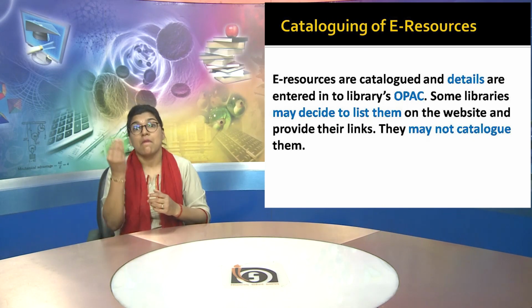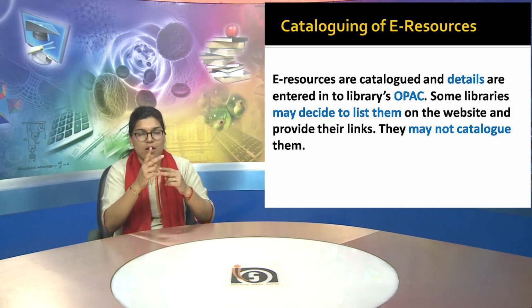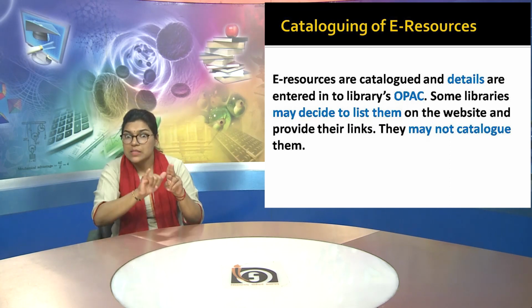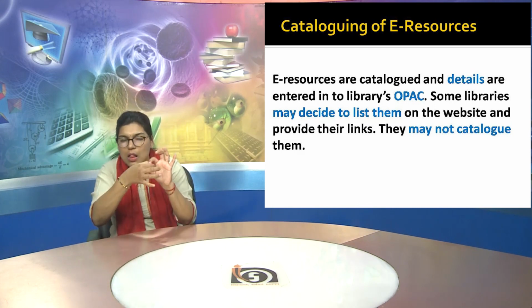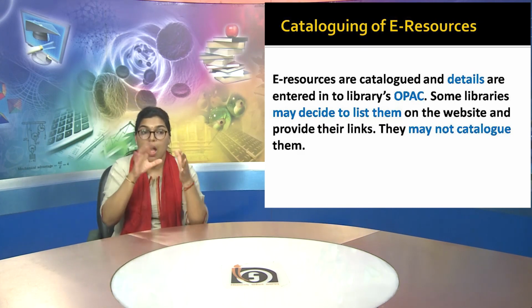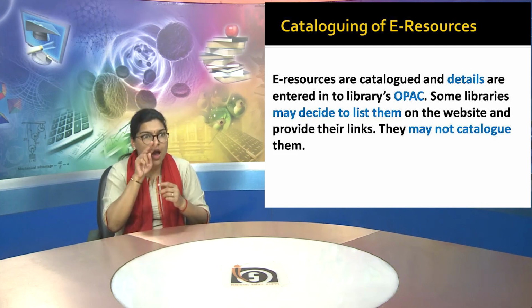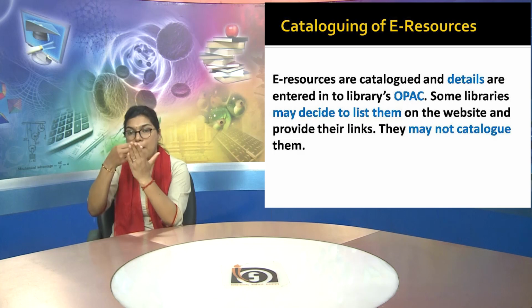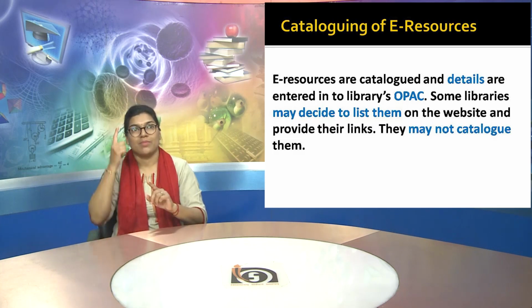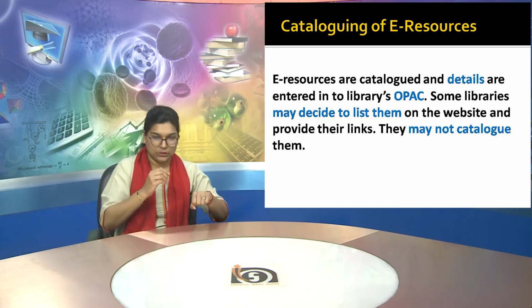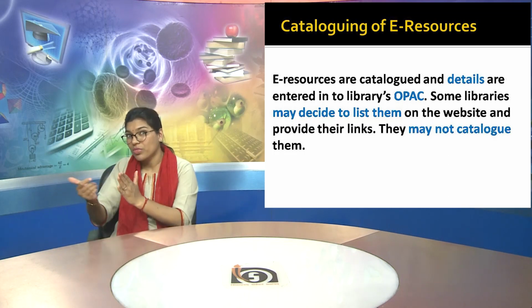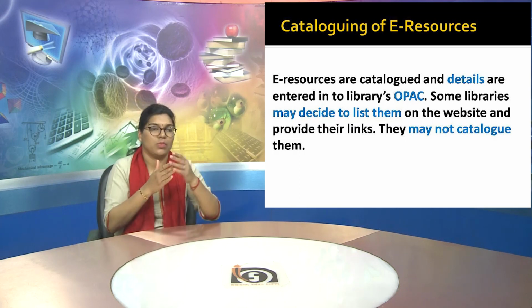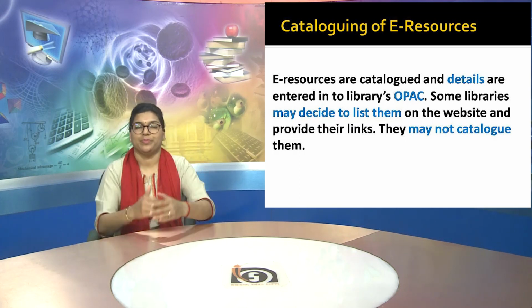With the help of OPAC, we do many works online, and the entries are done online and the library work can get processed quickly. Some libraries may decide to list all the content on the website, and they also provide their links. But also there are some libraries which may not catalog their content.